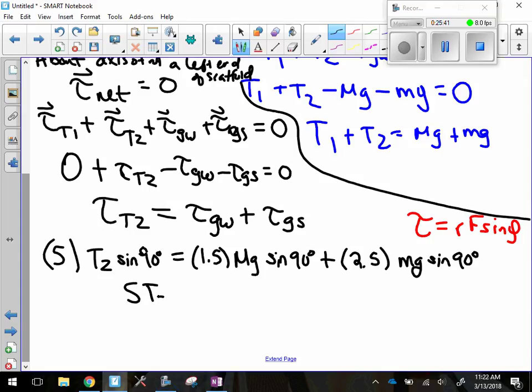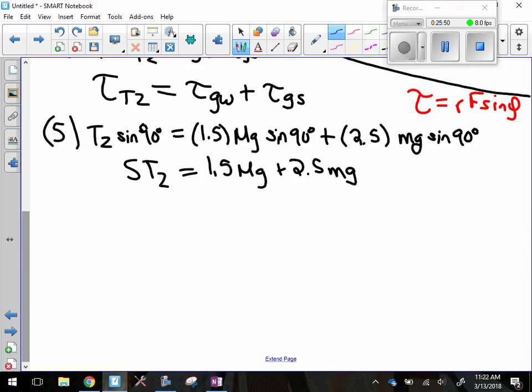So this gives me 5T2 is equal to 1.5 capital mg plus 2.5 little mg. And I know all that stuff, right? So what's T2?